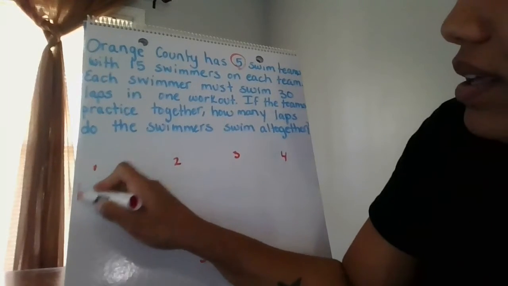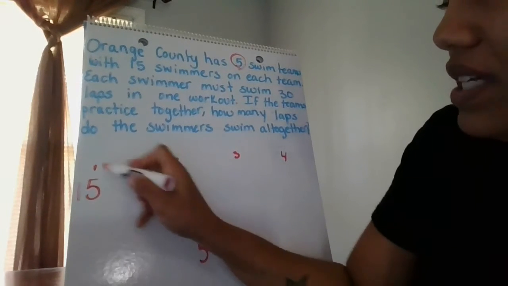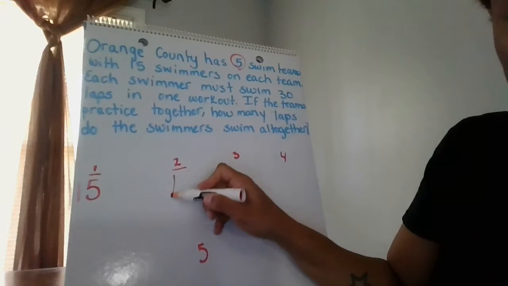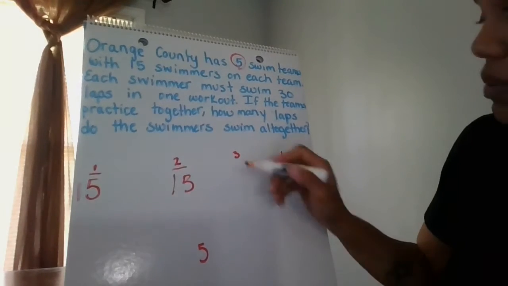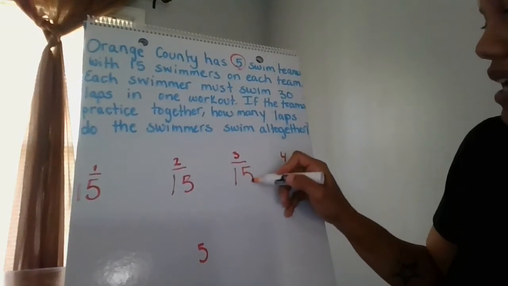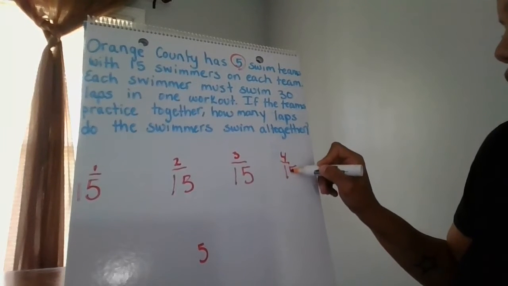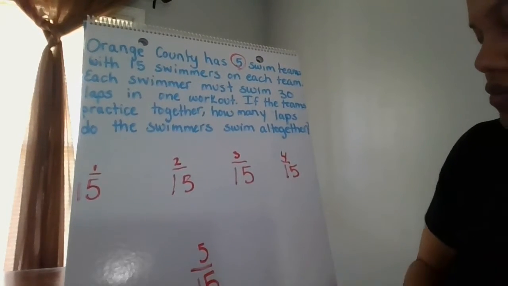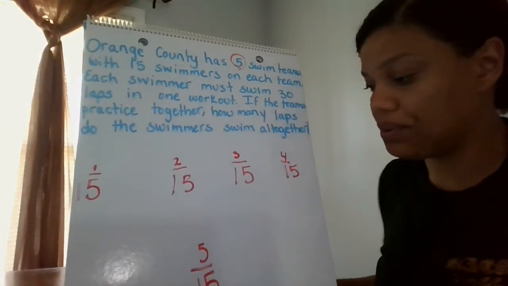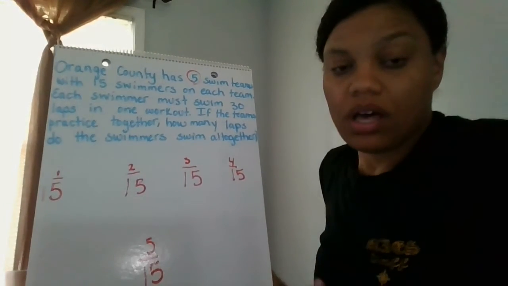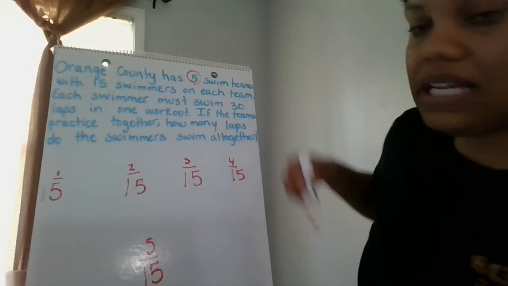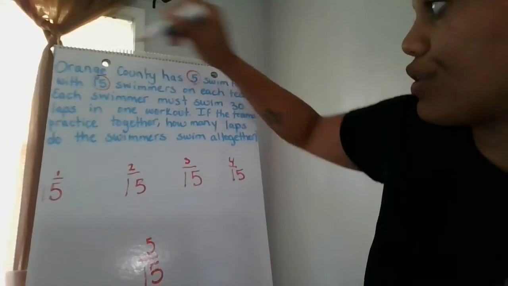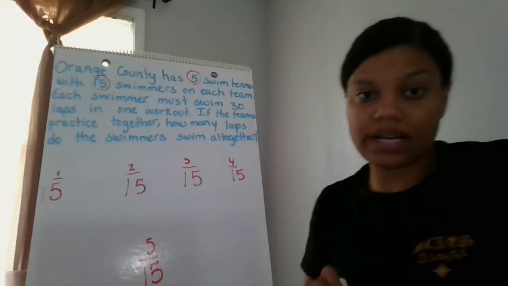So team 1 has 15 swimmers, team 2 has 15 swimmers, team 3, team 4, and team 5, okay?